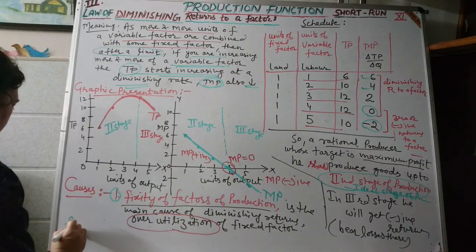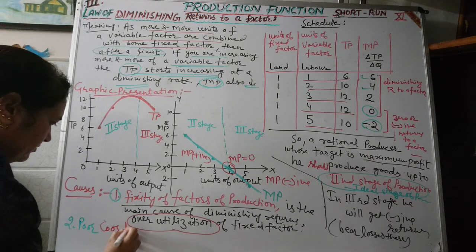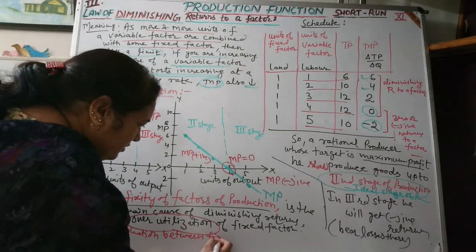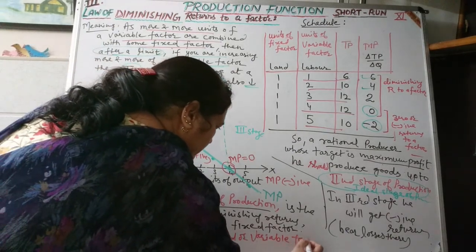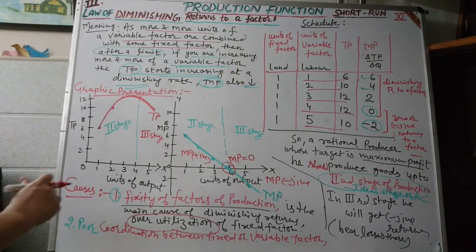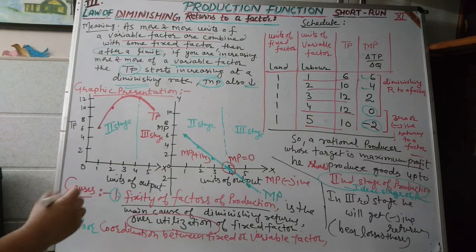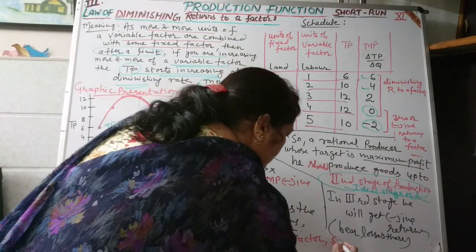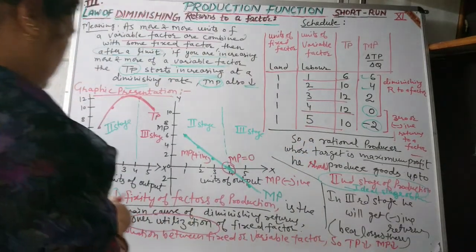Second cause is poor coordination between fixed and variable factor. They can't put a better coordination between the fixed and variable factor, so that total production starts diminishing and marginal production also diminishes.